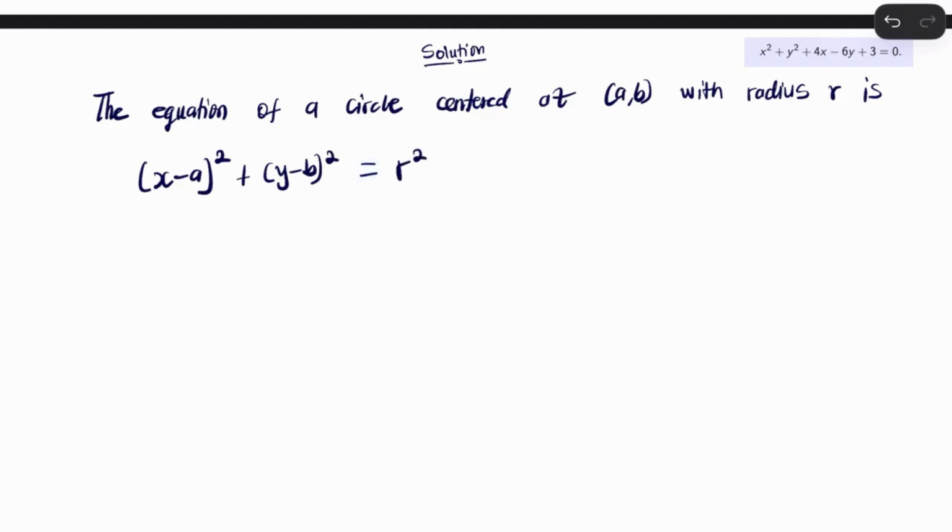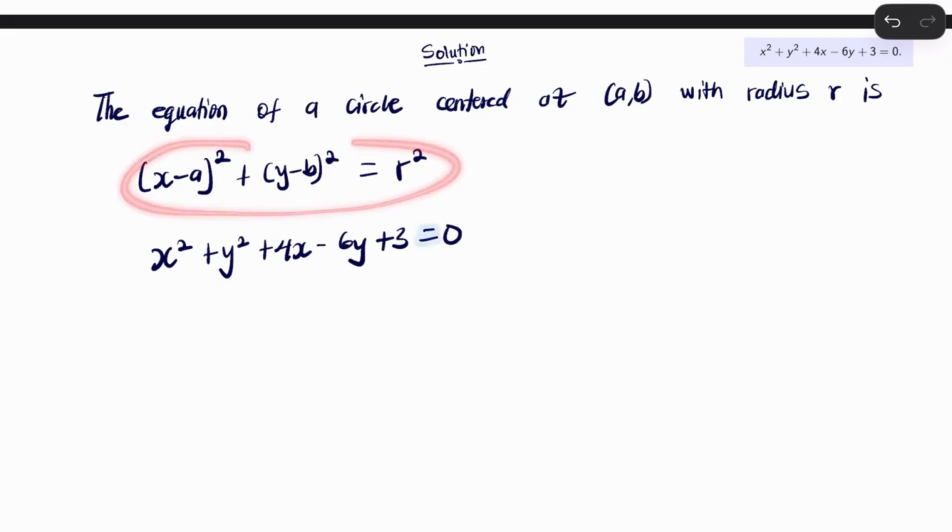So here we must find a way to rewrite the equation x squared plus y squared plus 4x minus 6y plus 3 is equal to 0 in this form, right? Then we can now find the radius, and we know how to find the area of a circle.